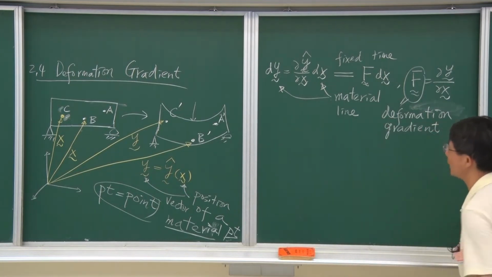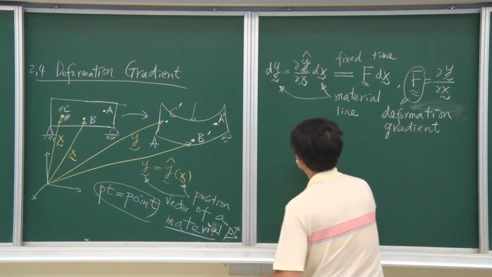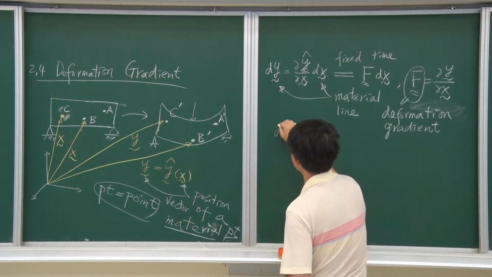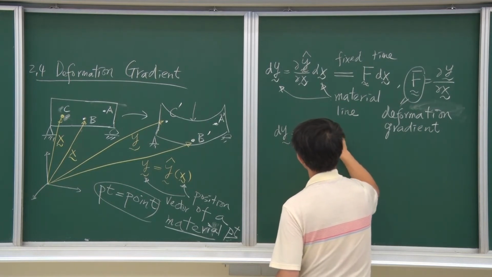Okay, deformation gradient. And this deformation gradient is a very important object to connect different material lines. See, we have dy equal F dx.